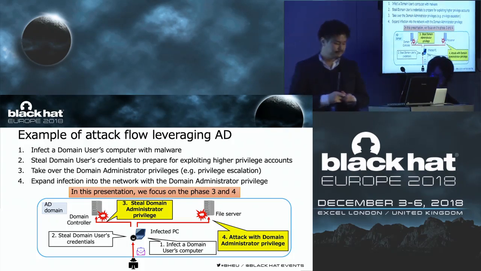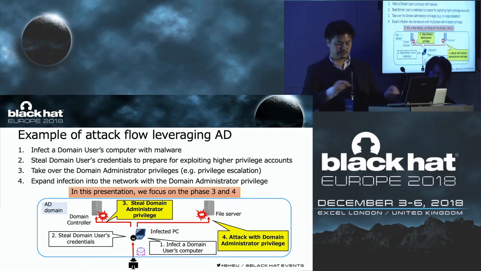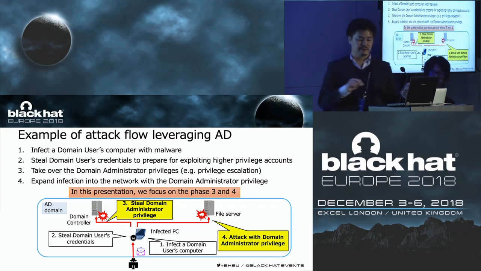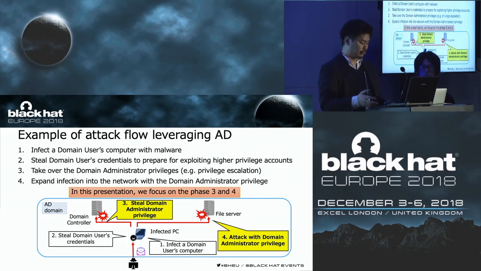This is number 4. Because after they get an admin account, they can move everywhere inside the AD domain. In our presentation, we focus on phase 3 and phase 4, which is attacking AD domain controllers.